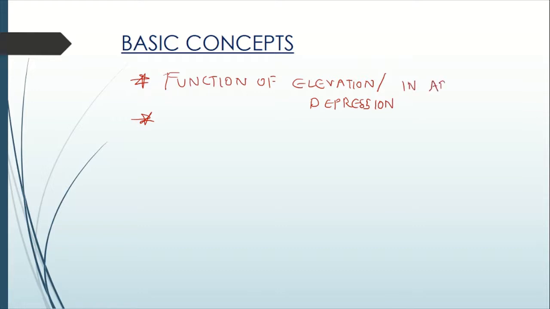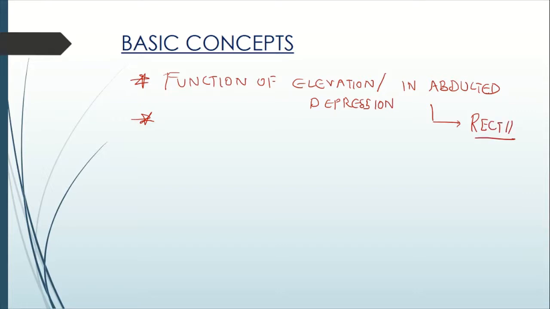The first important point is the function of elevation or depression in an abducted eye. If it is an abducted eye, that means an eyeball rotated outwards, then the function is going to be of the recti.